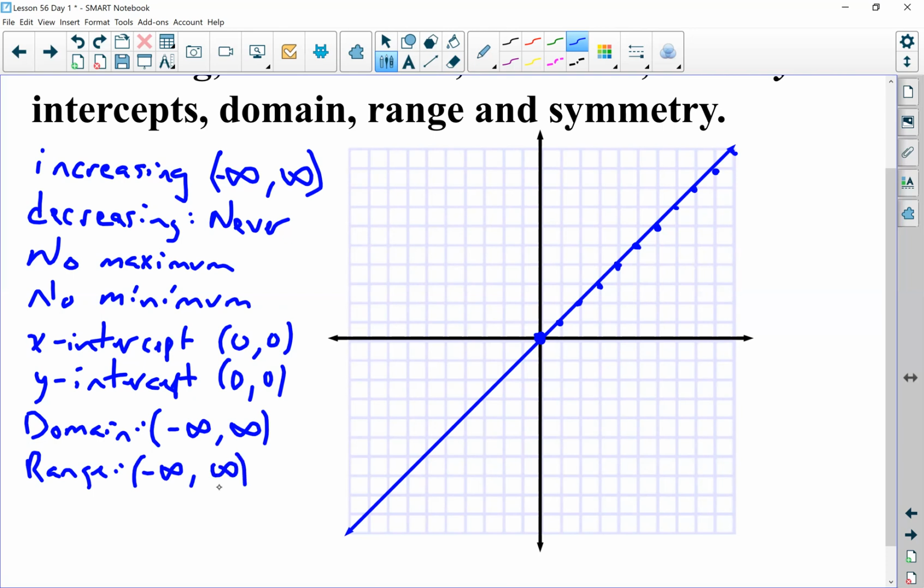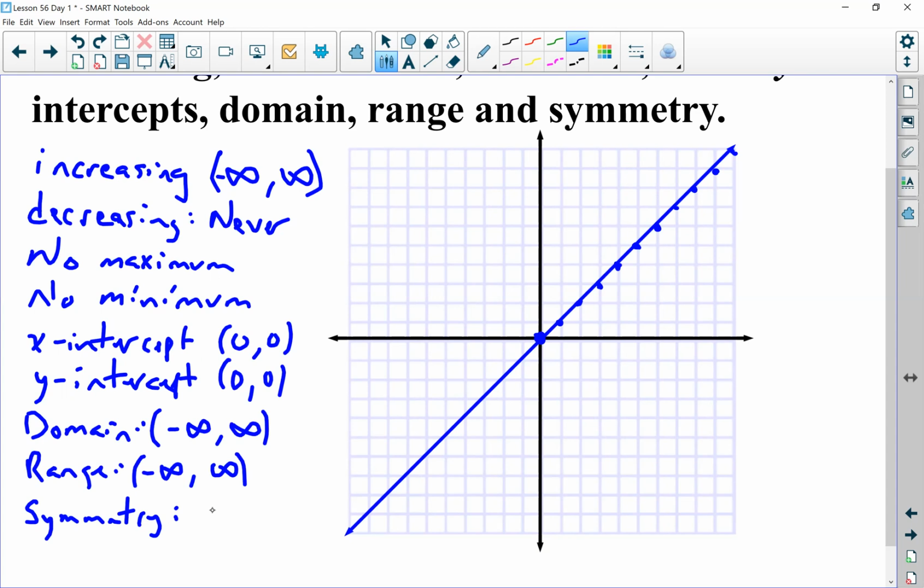And symmetry. So if I plug in 1, I would get 1. If I plugged in -1, I would get -1. Those are opposites.